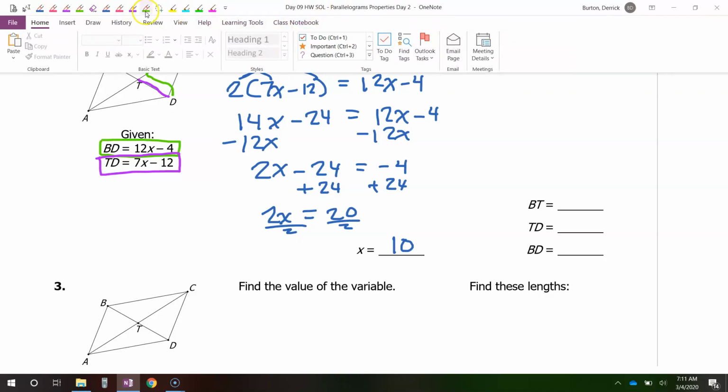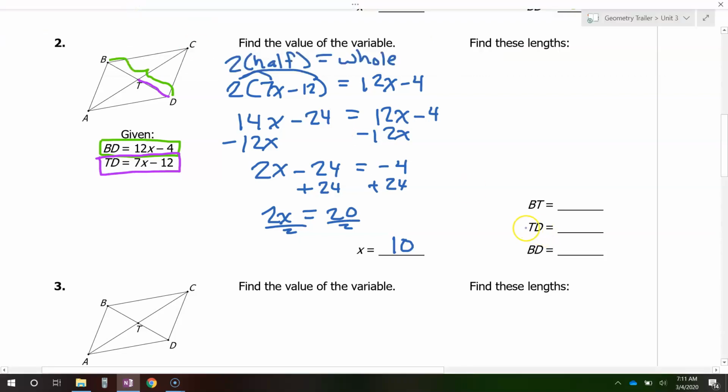So if I want to find TD, for example, which is right here, TD is shown here in purple. TD is 7x minus 12, but x is 10, so that makes it 7 times 10 minus 12. So TD is 70 minus 12. So that's going to be 58.